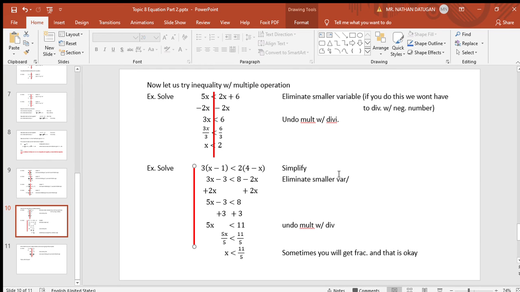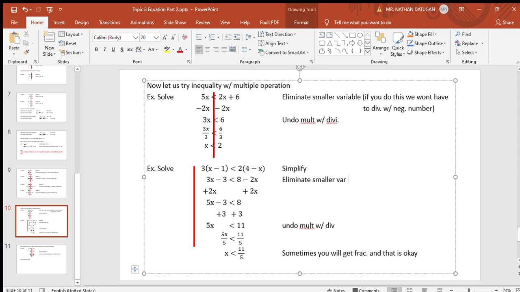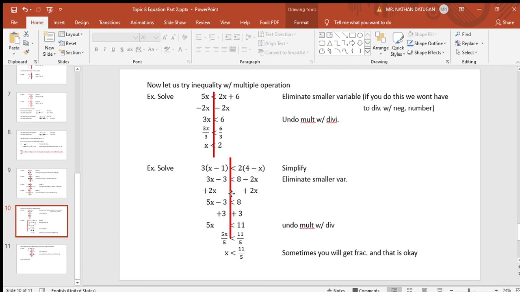Now we want to get rid of the smaller variable, negative 2x or 3x. Which one is the smaller variable? Negative 2x, right? So how do we get rid of that negative 2x? We add 2x. And since we're adding 2x on both sides, don't forget to draw the line.